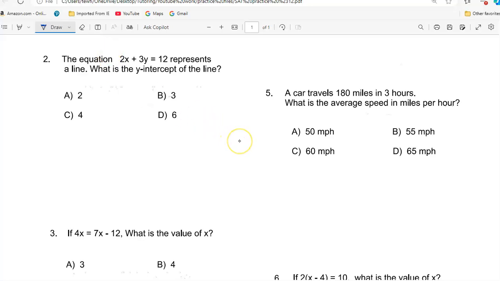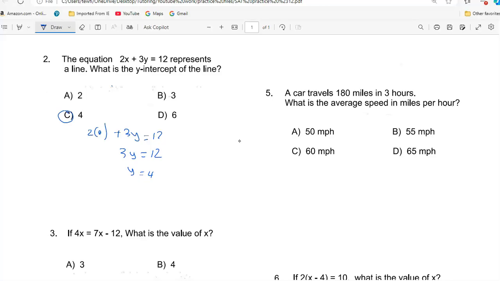So if you substitute 0 for x, you have 2 times 0, which is 0, right? Plus 3y is equal to 12. So you have 0 plus 3y, which is 3y equal to 12. You just divide both sides by 3, so y equals 4. So the y-intercept should be 4, which is choice C, right?